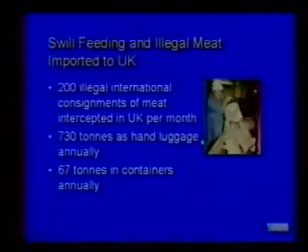Interestingly, if we look at the consignments of meat, both illegally intercepted and also being brought in as hand luggage annually into the United Kingdom, you may be amazed that as much as 730 tons is confiscated annually as hand luggage in the United Kingdom.